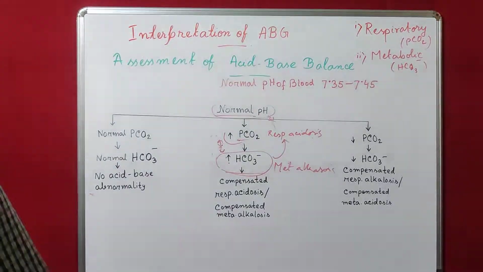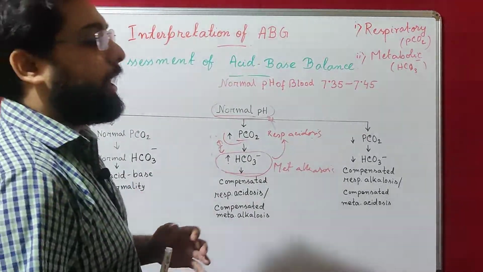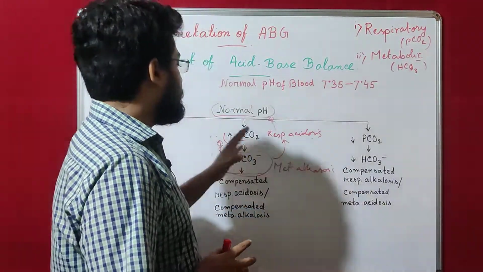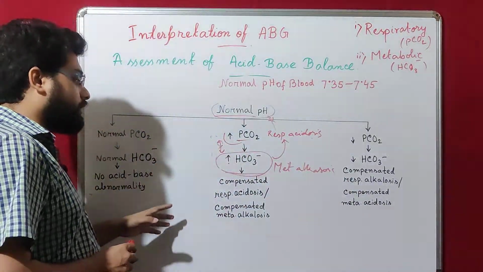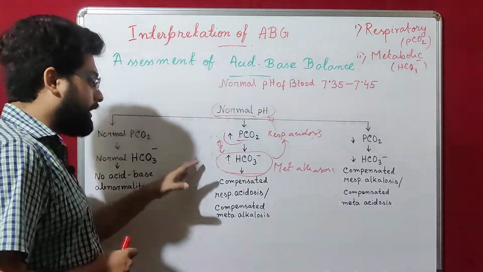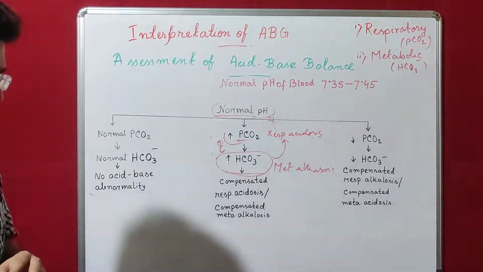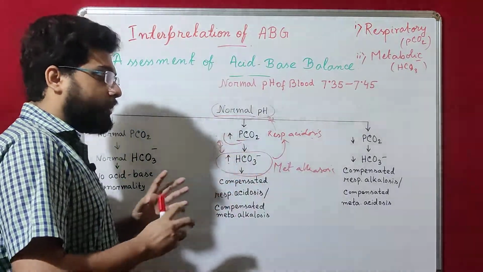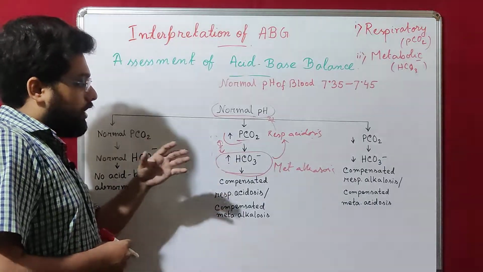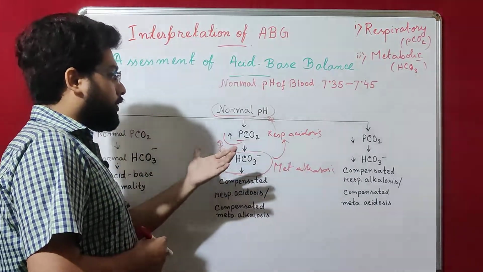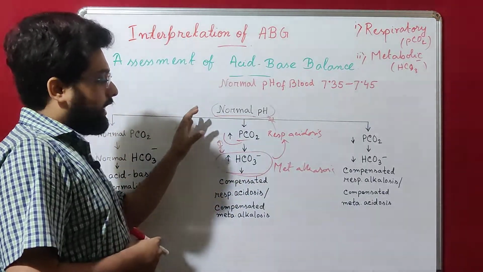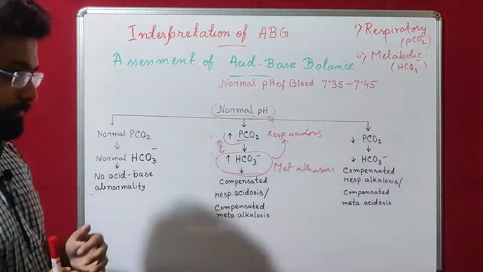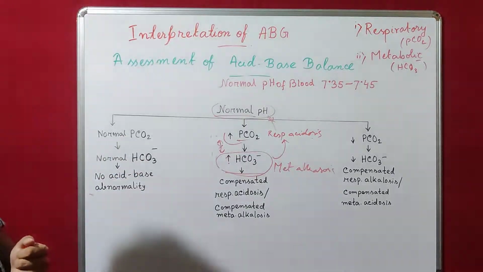Why not? Because only from the ABG report, we can obviously diagnose that there is some insult and there is some compensation. But only from the ABG report we cannot comment which factor is the insult and which factor is a part of the compensatory mechanism.